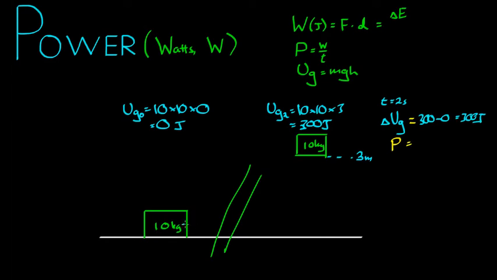So to get the box from here to here, the work must have been 300 joules, somewhere in between these two periods of time.